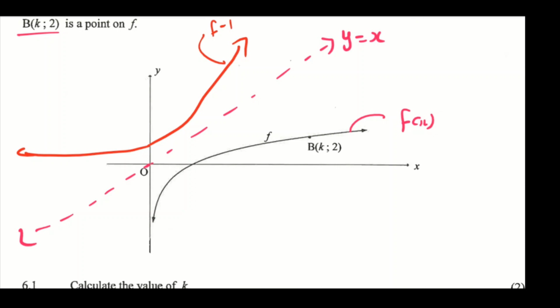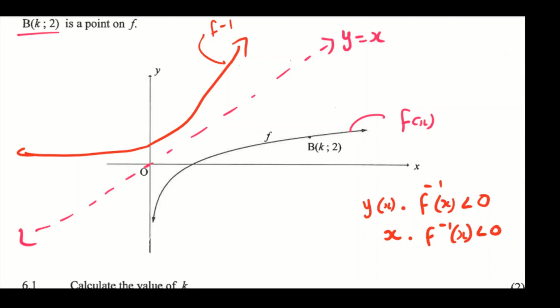So what they are saying is, if you have your equation of y is equals to x, multiplied by the inverse of f of x, when you multiply both, they give you a solution that is less than 0. So let me just write x multiplied by the inverse of f of x, and then it's less than 0.